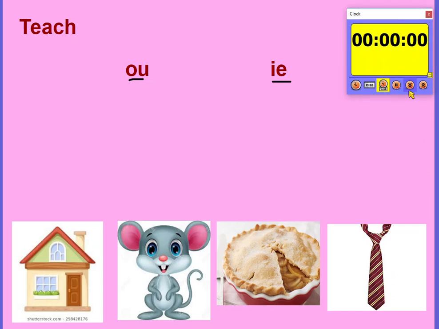So I'm going to put 1 minute back on the clock again. I would like to see you on your whiteboards and pens write the 4 words using the owl sound and the I sound. So these are the digraphs that are in these 4 words, okay? 1 minute to write these 4 words on your whiteboards. Off you go.